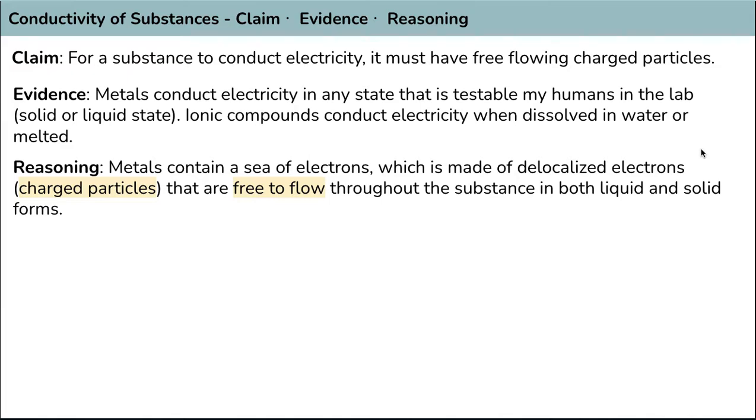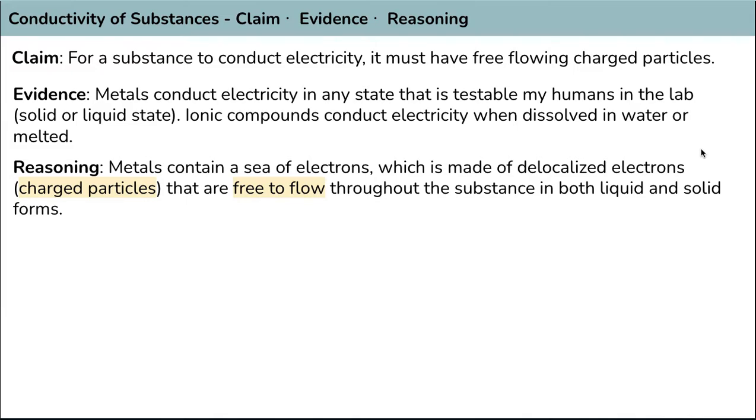Remember, electrons have a negative charge and they are a particle. And these charged particles in the form of delocalized electrons are free to flow throughout the substance. This happens in both liquid and solid form. So that's the scientific reasoning that supports the evidence in the data table that showed metals conduct no matter what.